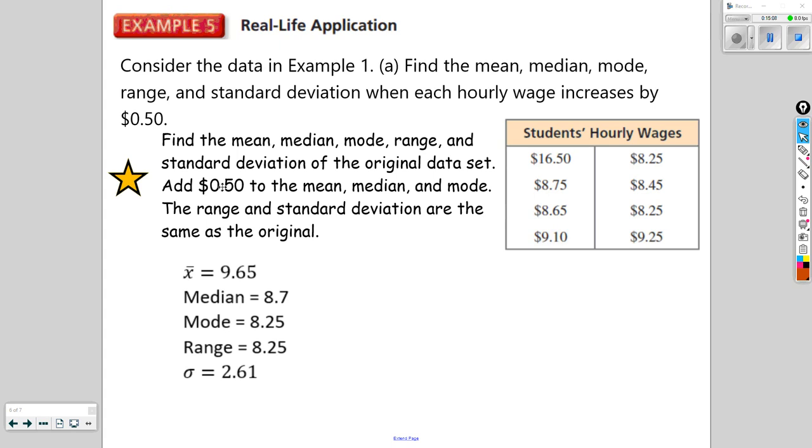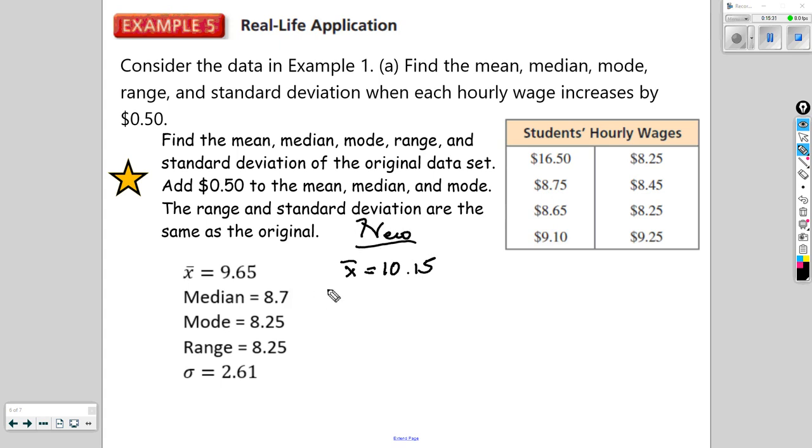Now, adding just some real number k doesn't affect the range and standard deviation, so these would still be the same. But now these measures of center would be different. If we added 50 cents to the original mean, we'd get 10.15, and that would be our new mean.